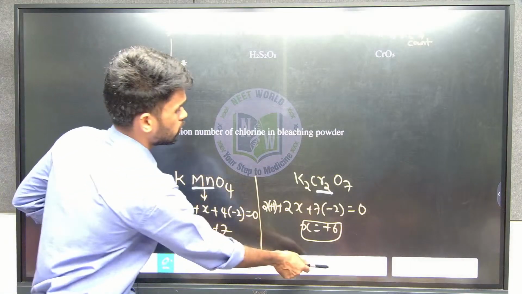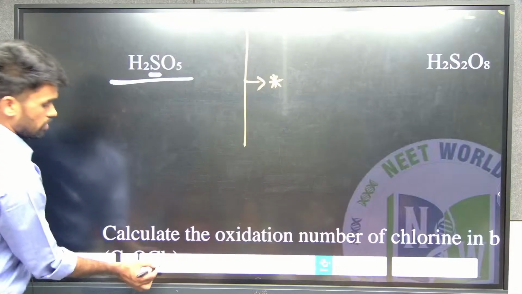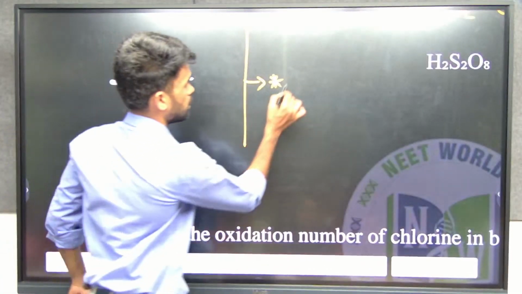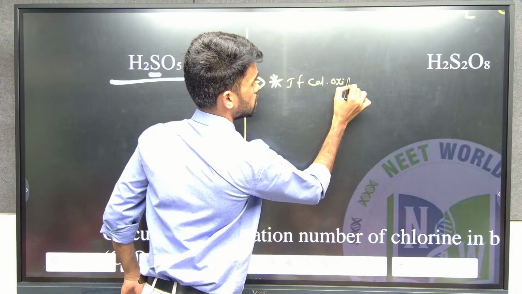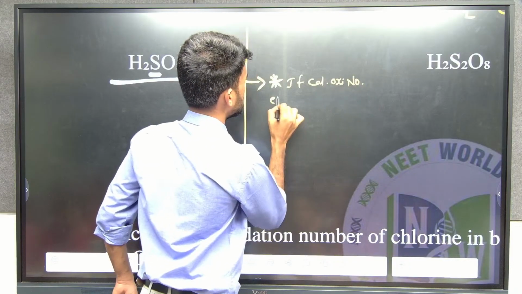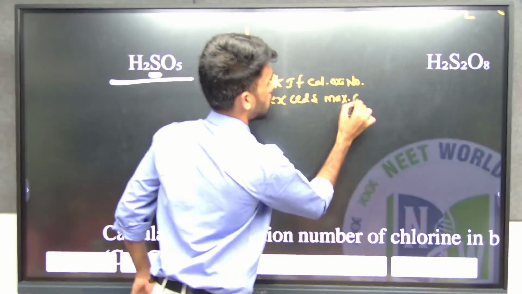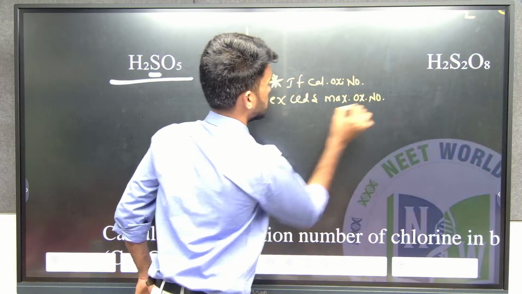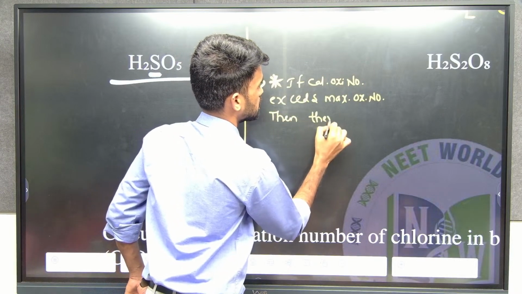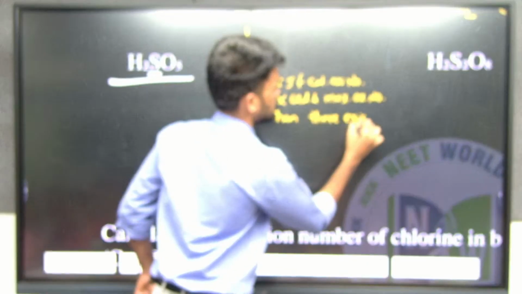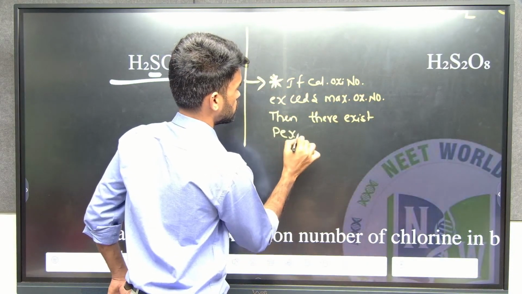Okay, now here whenever, if calculated oxidation number exceeds maximum oxidation number, then there exists a peroxy linkage, there exists peroxy bond.